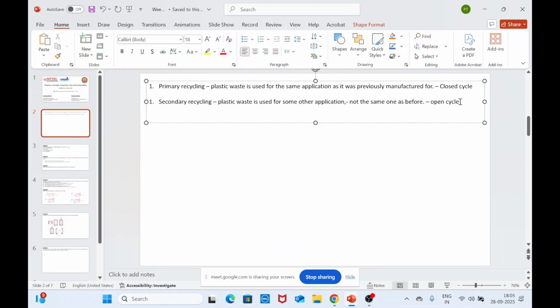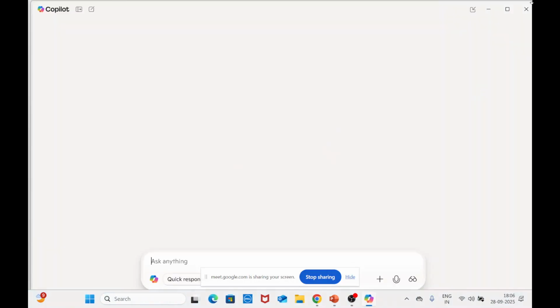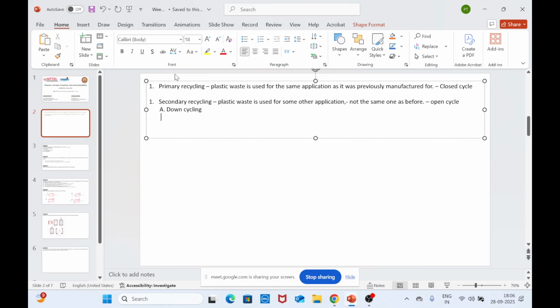In secondary recycling, since the application after recycling is going to be different, there are two types of classification inside this. One is downcycling, and another one is upcycling.